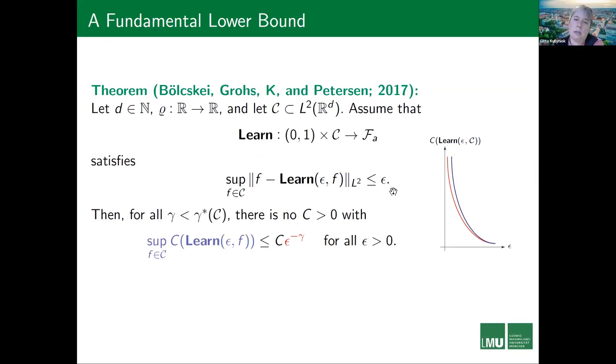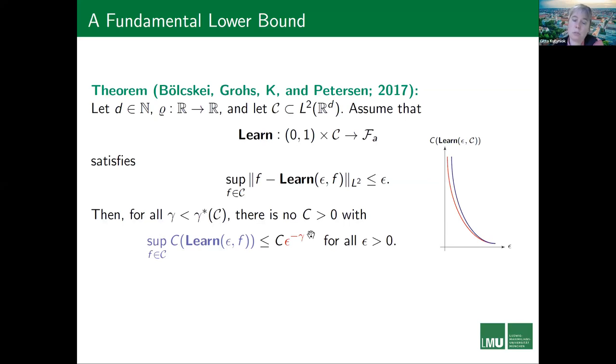So that's basically a deterministic way of seeing what a learning algorithm does. And so what I can show is an asymptotic lower bound: there is no C, so that the complexity is bounded by C times epsilon to the minus gamma.